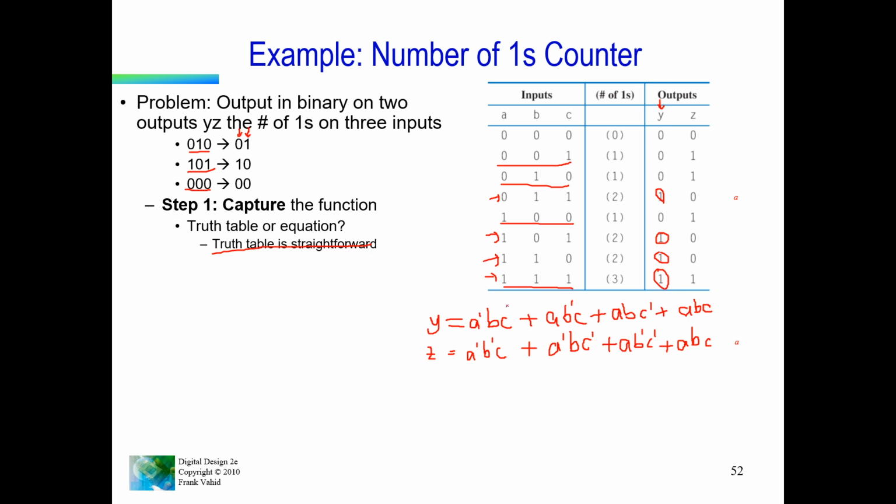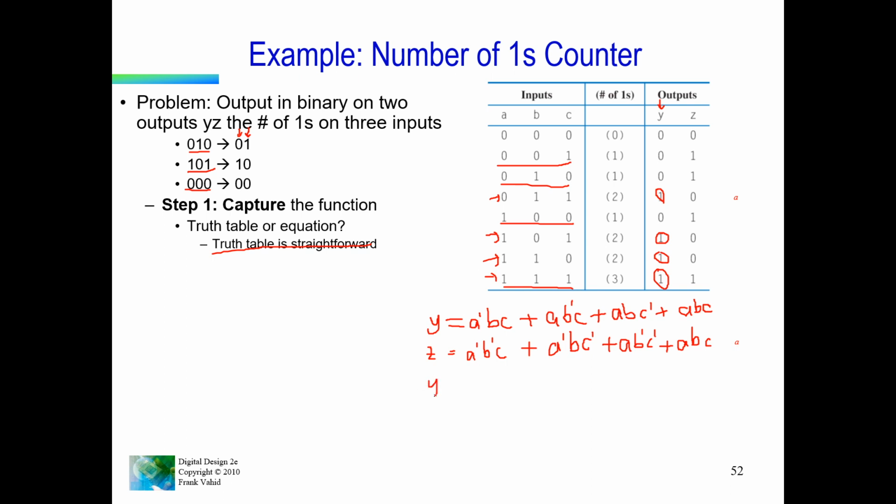So let's look at Y. Here A prime C, AC, AC prime, AC. There are two AC terms here, for instance. One is AB prime C and the other is ABC.